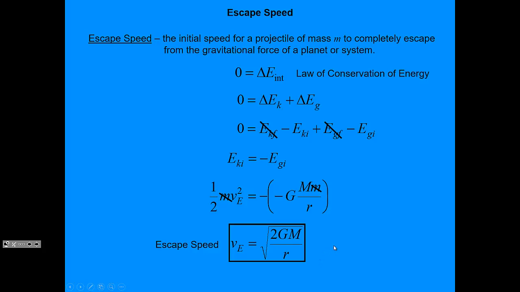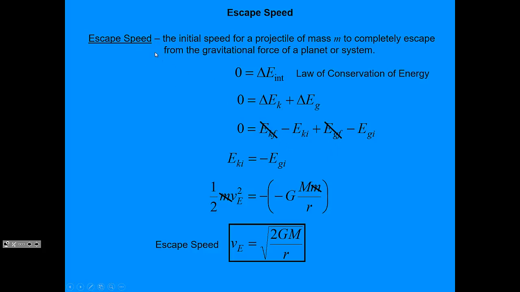And by the way, the AP expects you to be able to do this proof using our new gravitational potential energy equation, and explaining why the final of both is 0, because at infinity the force shrinks to 0, therefore the gravitational potential energy shrinks to 0, and it would stop at the escape speed.